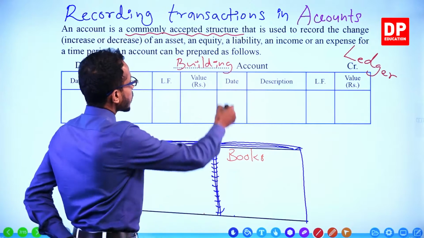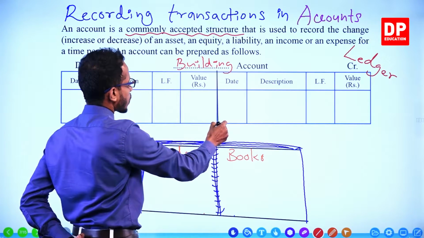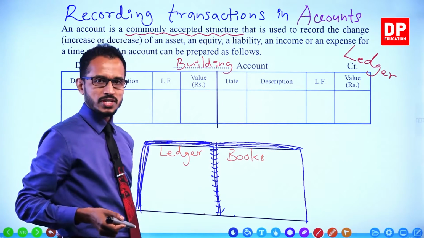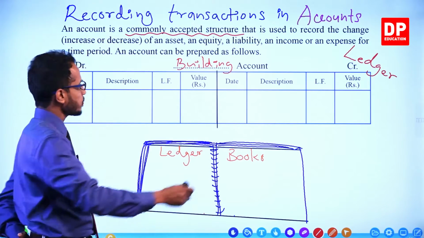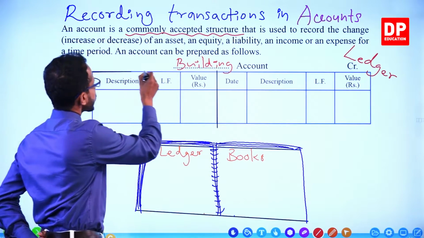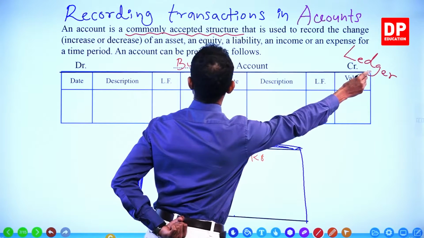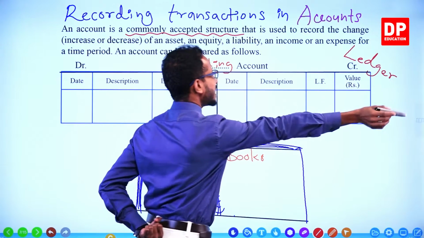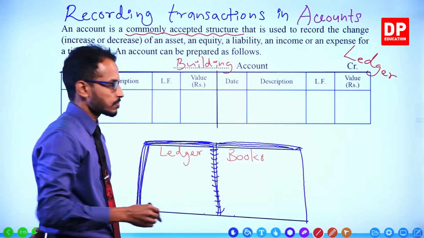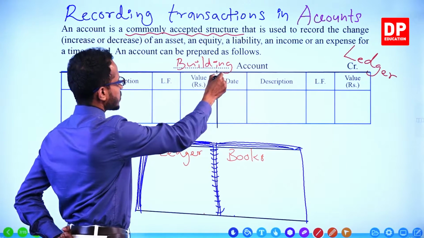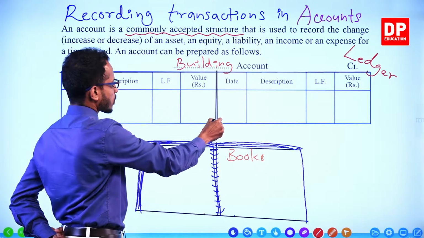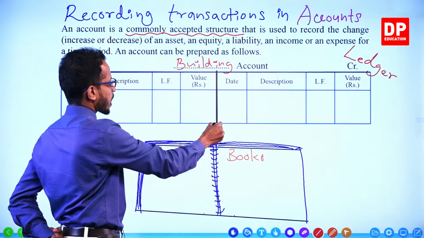Children, a ledger account is easily drawn in the format or in the shape of a capital T letter. A ledger account is easily drawn in the shape of a capital T letter.